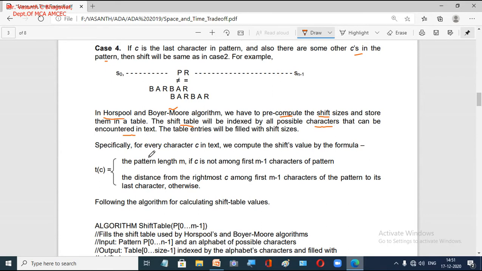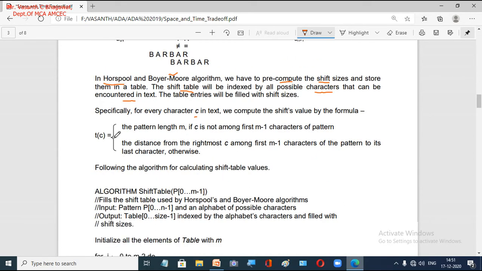Clear? So now for each character C in our text, we compute the shift value with this formula. How are you going to find the shift values? You are going to shift the pattern of length m completely. What is the size of our pattern? It is of size m. The size of our text is n, right?